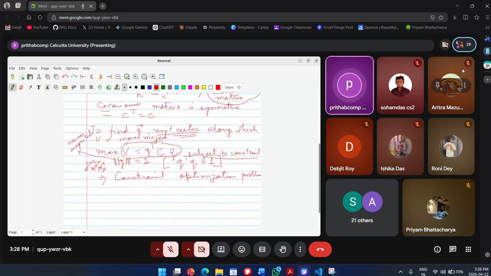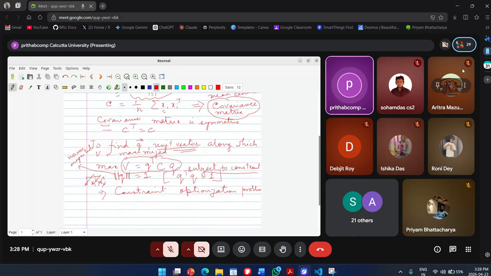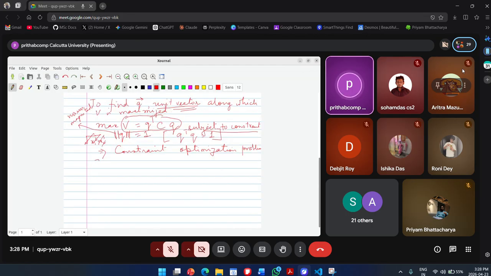So in order to solve such a problem, there is a particular method. Solving this constraint optimization problem takes some more steps along with the differentiation.